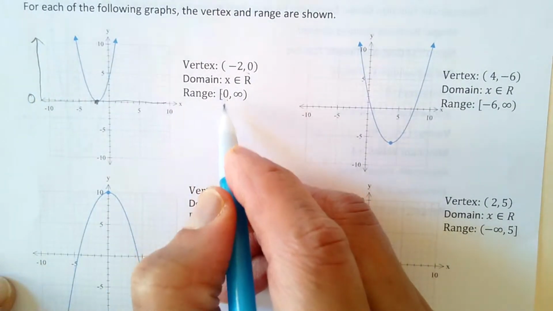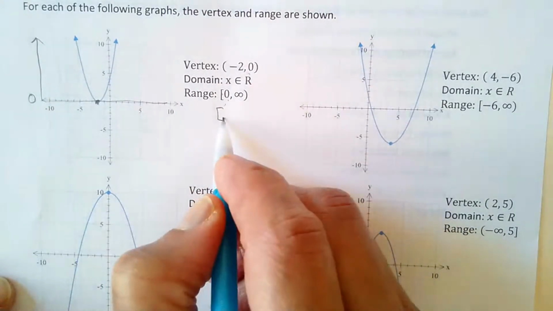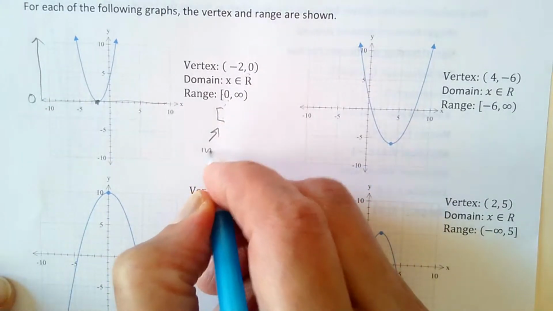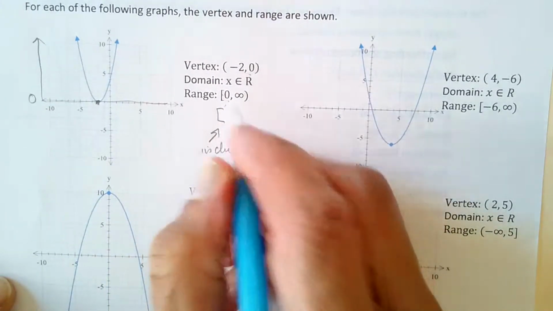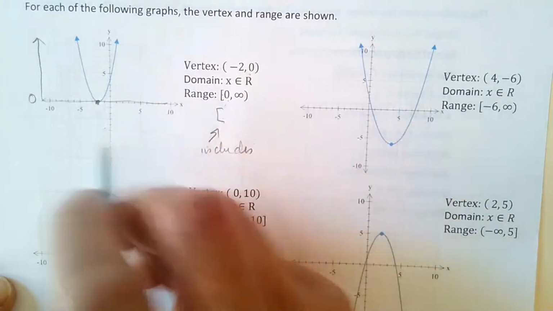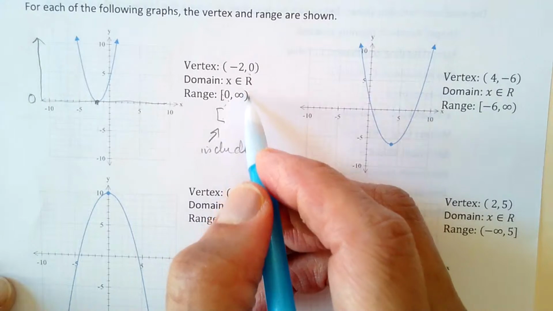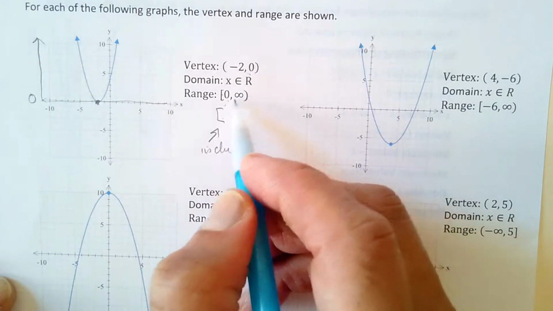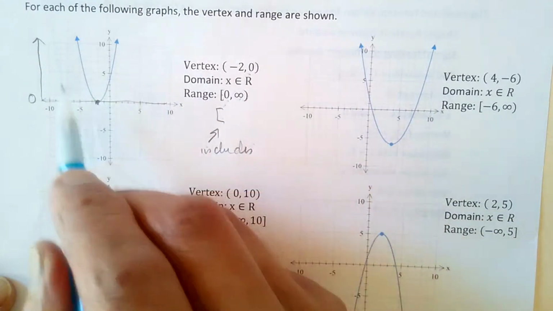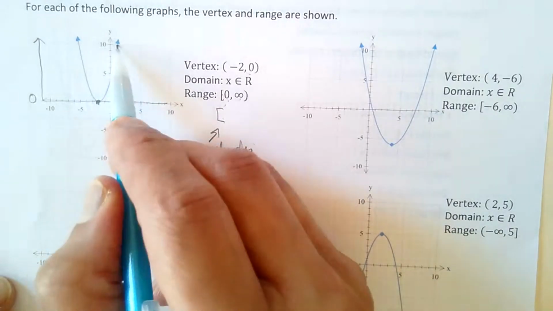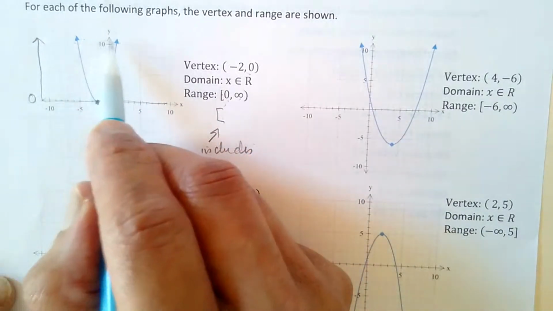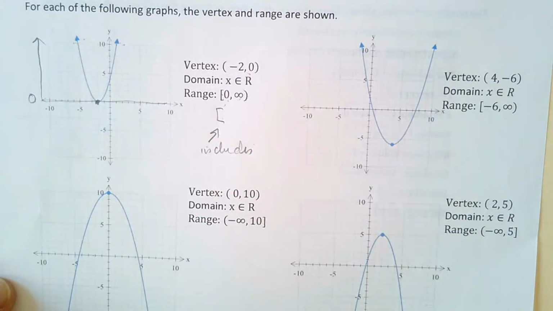Now it includes 0. When you put a square bracket like that, it means it includes whatever value you are beginning with. If it's a curved bracket, it means it doesn't include it, like this infinity now. This goes to infinity, and infinity is indicated with these arrowheads. If there's an arrowhead, it means it goes on to infinity.